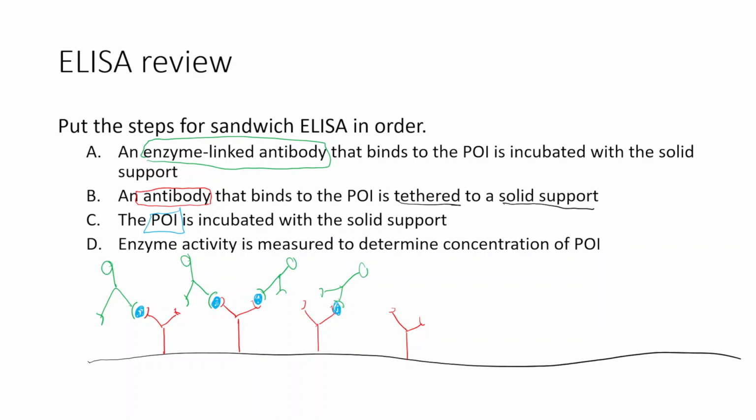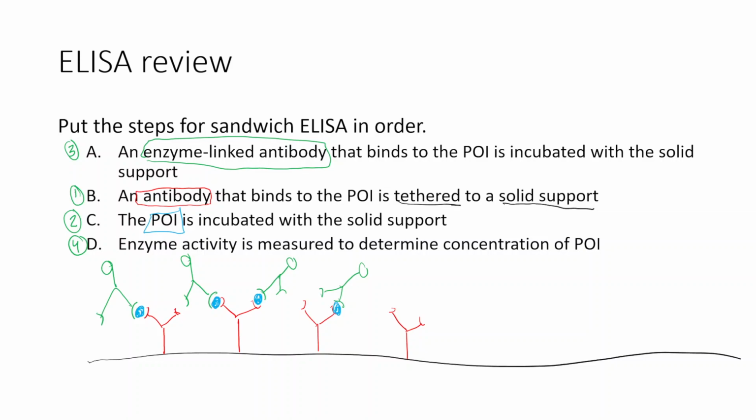So then what is our last step? You can probably guess that it is D, right? So in part D, we're going to measure our enzyme activity, and that will help us determine the concentration of our protein.